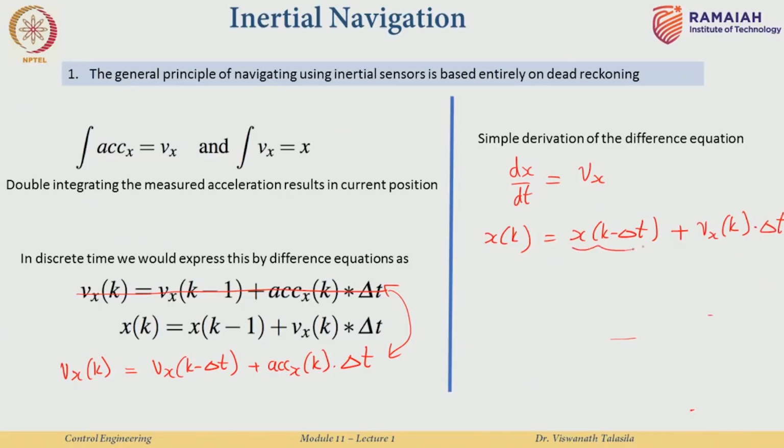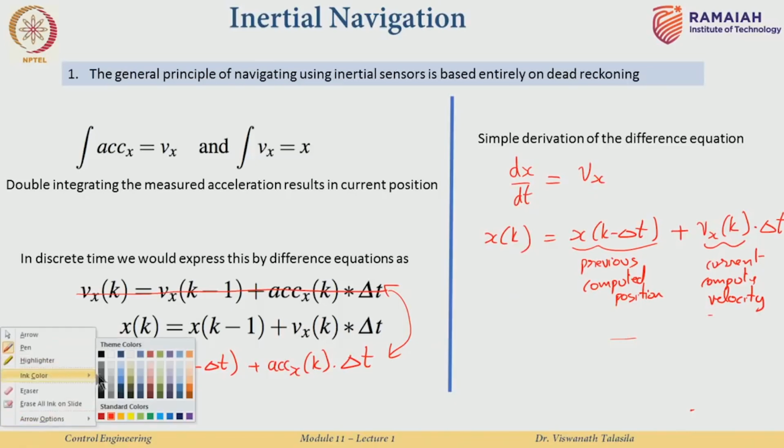So, this is the previous computed position, this is the current computed velocity. Let me recall the previous equation of how we computed the velocity.